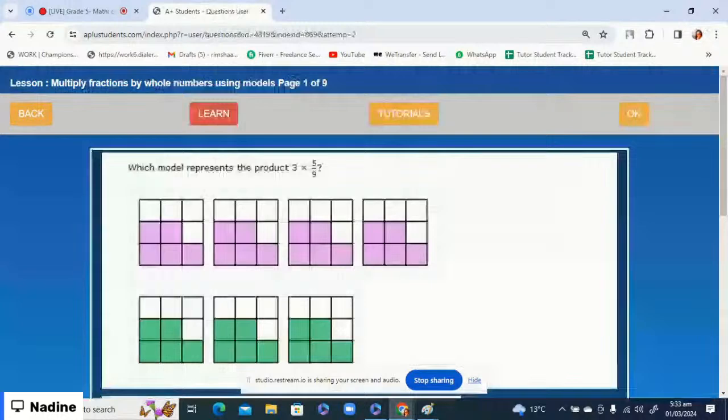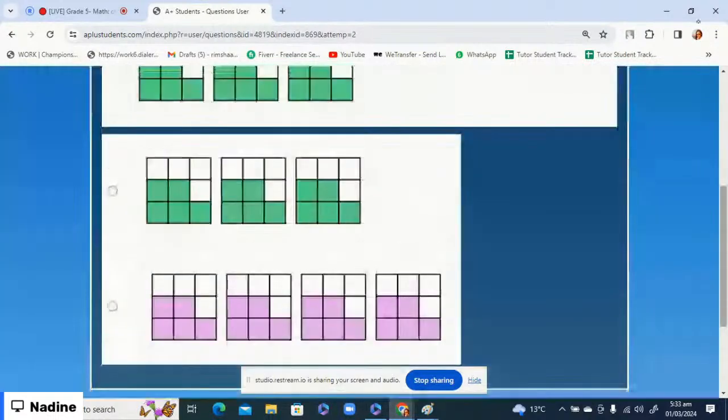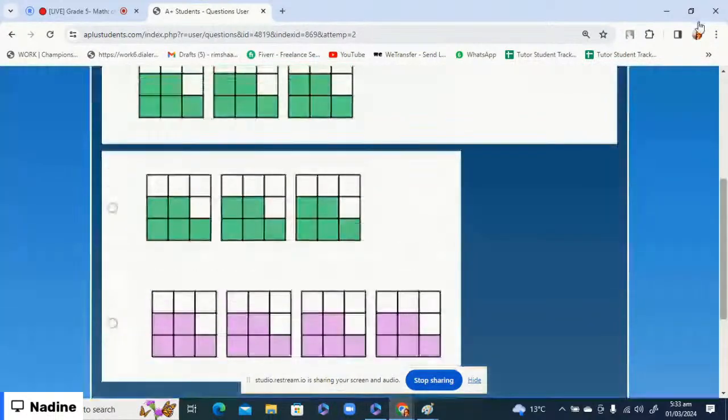Which model represents the product 3 times 5 by 9? First of all, check 3 is how many wholes in the first model? 1, 2, 3, 4. This is wrong because when we started, we checked there are 3 wholes, so there cannot be 4. So the first one is right because 3 is whole here.